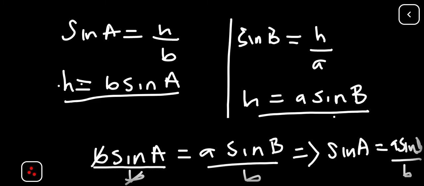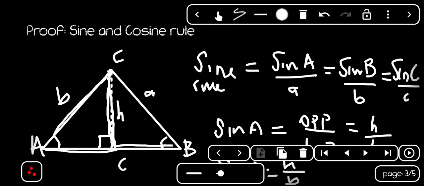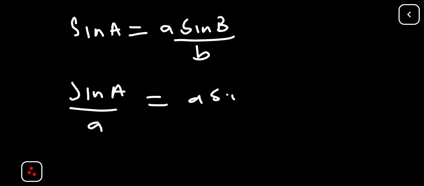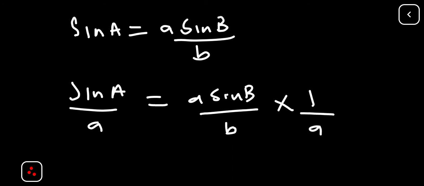Now if you divide by A on both sides, you get sine A over A equal to A sine B over B times 1 over A, because this is the same thing as dividing on both sides.